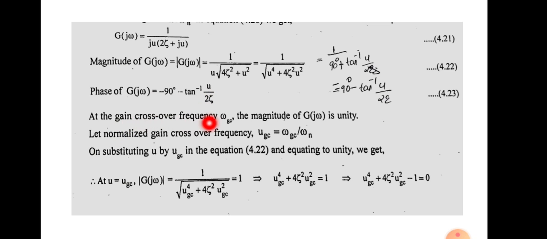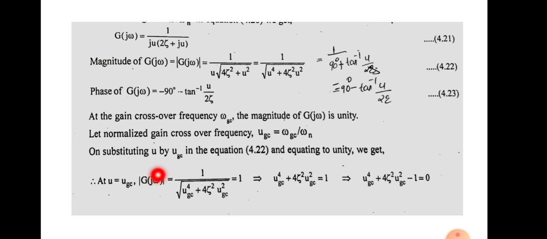So at the gain crossover frequency omega gc, the magnitude of g of j omega is unity. We have the definition of gain crossover frequency. That means gain crossover frequency is the frequency at which the magnitude of g of j omega is unity. So we can apply that. Let the normalized gain crossover frequency be UGC, equal to omega gc by omega n. So we can substitute the value of UGC in this equation.